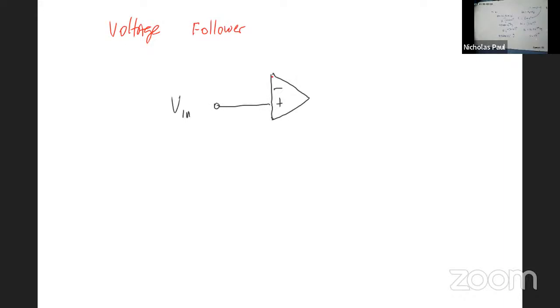But look at our op-amp. It's a non-inverting for sure, right? But what's the difference here compared to all the others? It has no resistors, no feedback resistor, no input resistor.